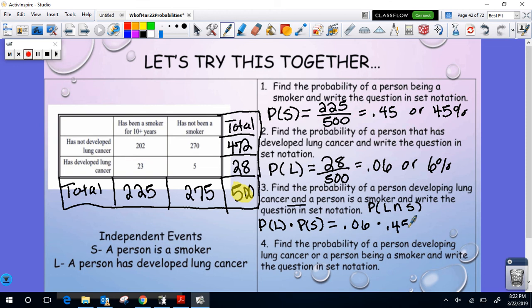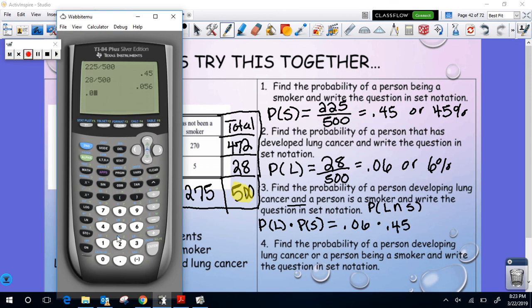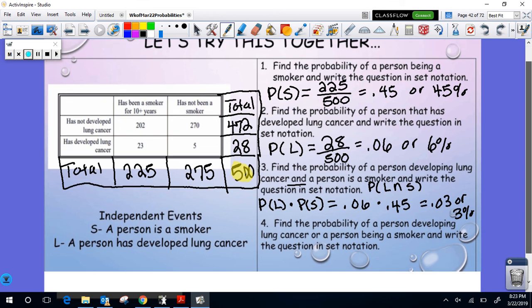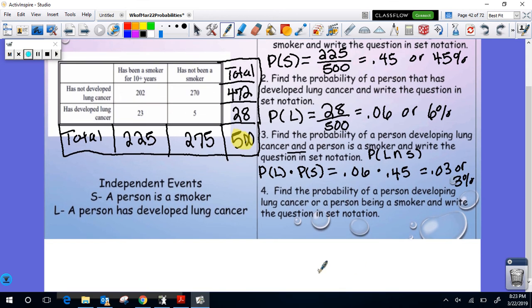And if you didn't have these decimals already, you go ahead and calculate these two individually and then multiply them by each other. So 0.06 times 0.45 equals 0.03 or 3%.